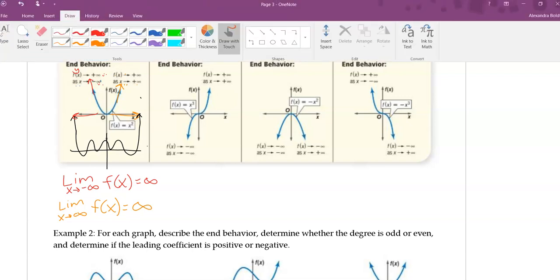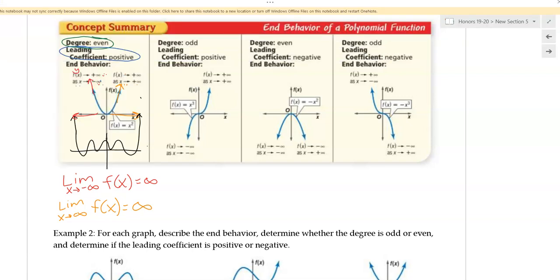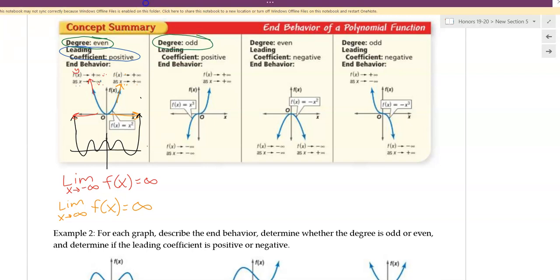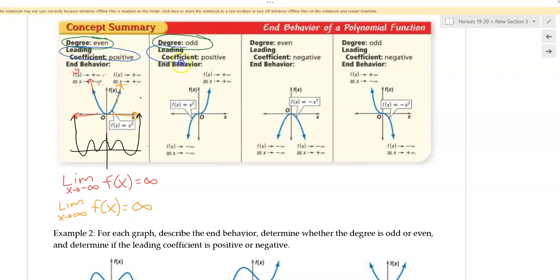Looking at our second one, if my degree is odd, but my leading coefficient is positive, what's going to happen with my end behavior, right? Well, now as we go to the left, what's happening to our y? Well, if I follow this left, I'm going to end up going down forever.